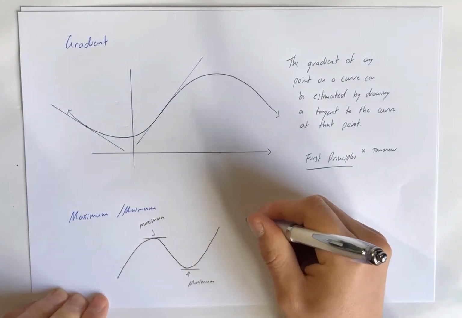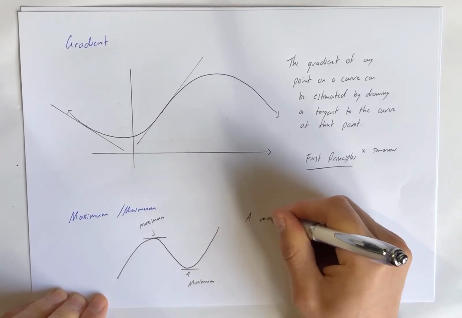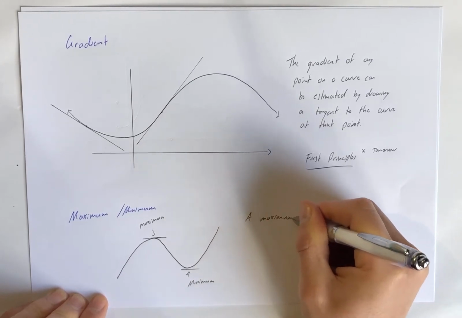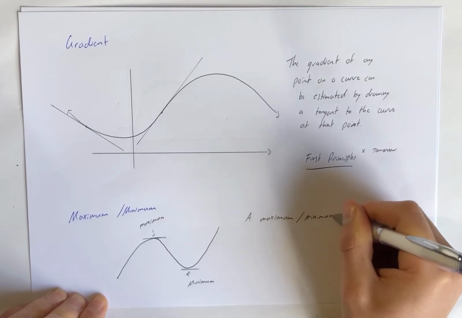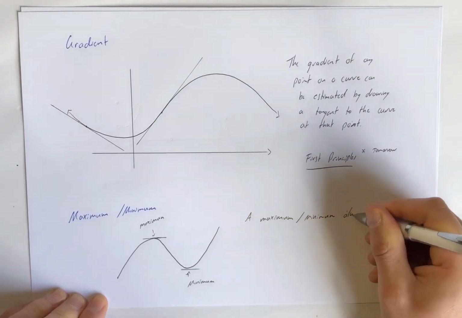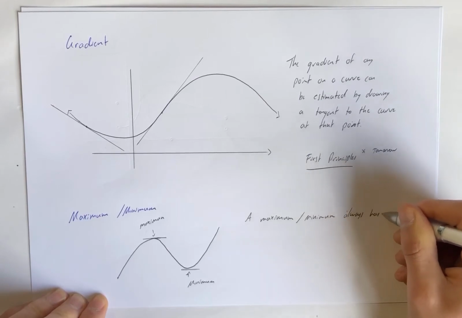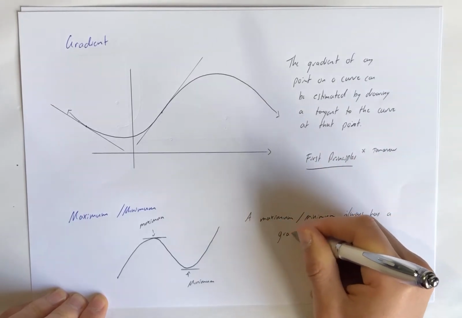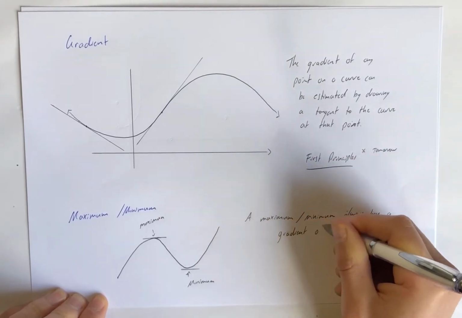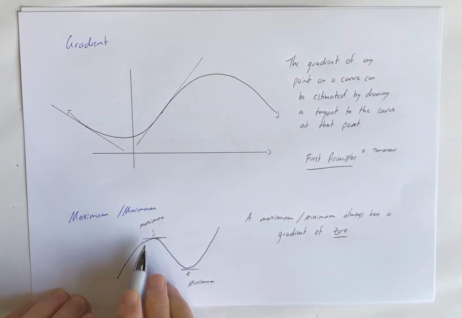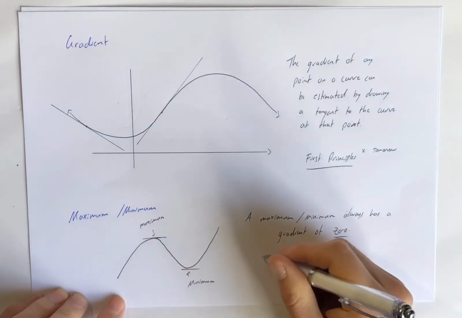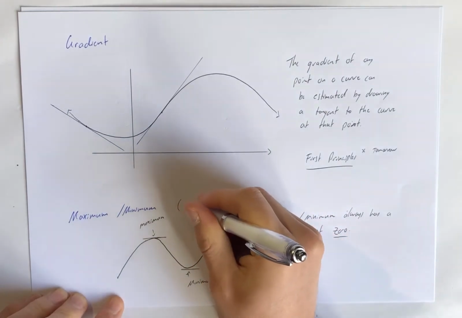So a maximum or minimum always has a gradient of 0.